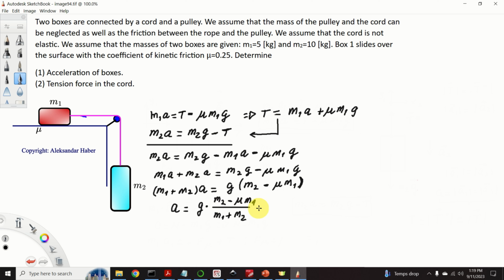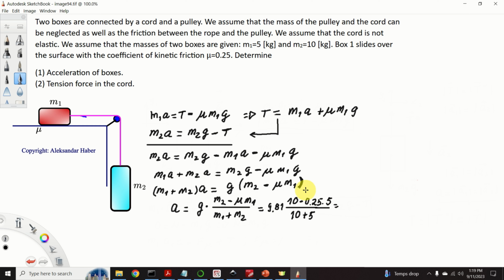By substituting the values we obtain, this is equal to 9.81 multiplying what? Multiplying, let's see, m2 is 10 minus mu is 0.25, multiplying m1, and m1 is 5. And in the denominator we have simply 10 plus 5.